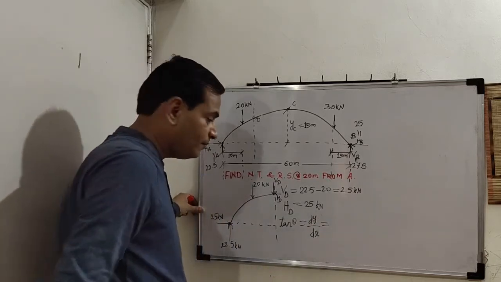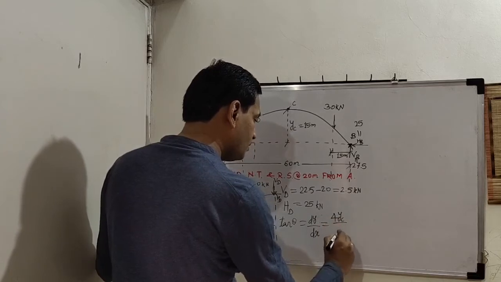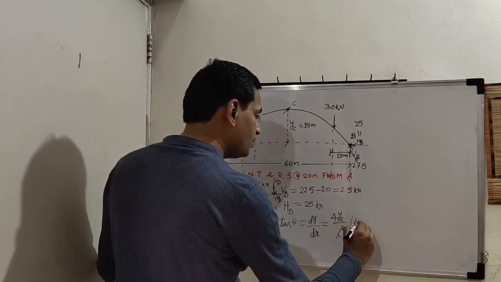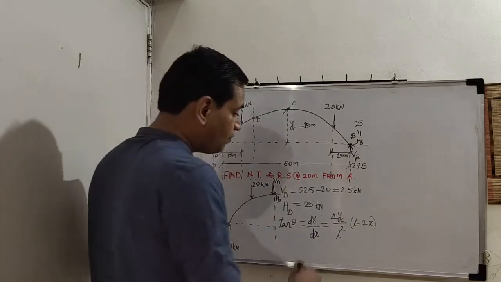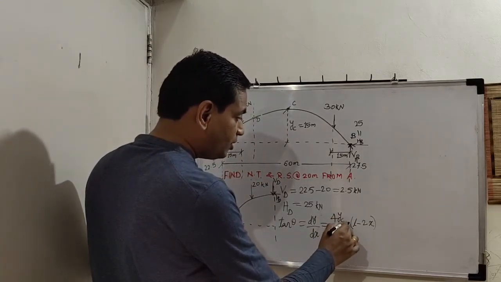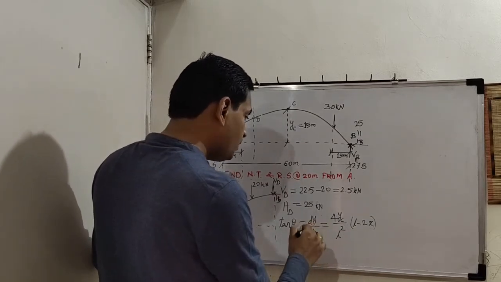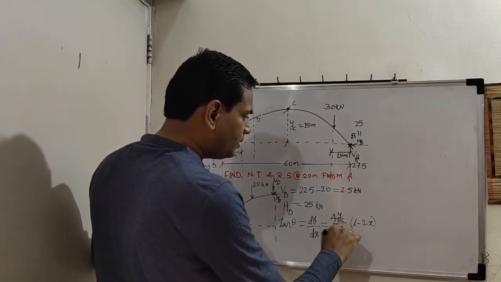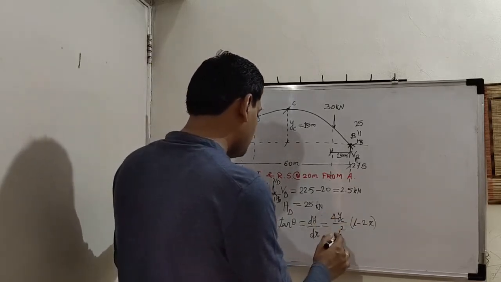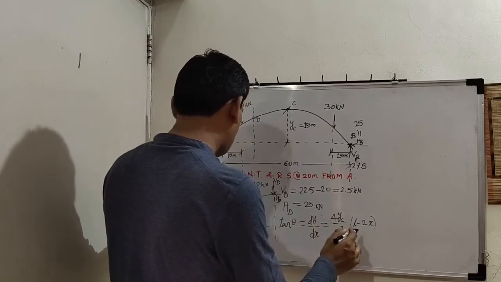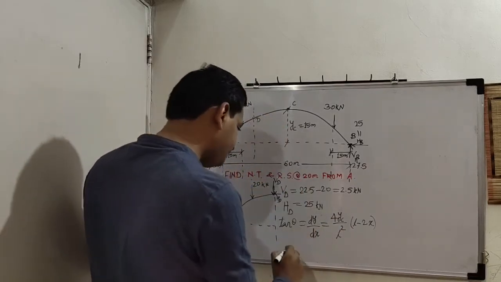If you recall, the equation is y equal to 4yc upon L square, x into L minus x. But dy by dx is 4yc upon L square into L minus 2x. Correct? So this is the equation for tan theta. So can we get tan theta at point D?